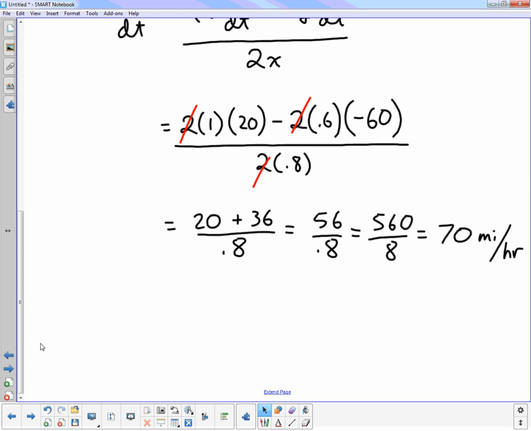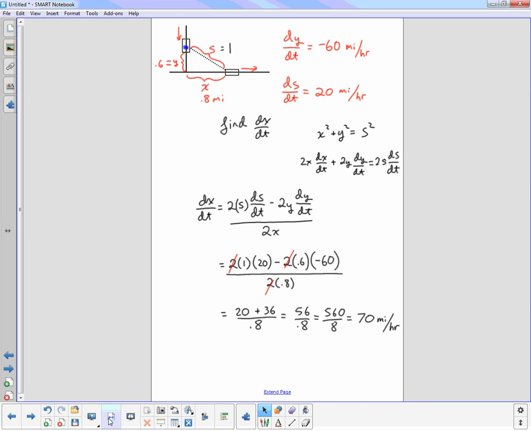But let's also point one thing out. What does he see versus what is reality? Well, what is reality? Look, ds/dt: when he shoots that radar gun, he reads how fast you are moving away from him. He's really reading on that radar gun 20 miles per hour because you're off at an angle.